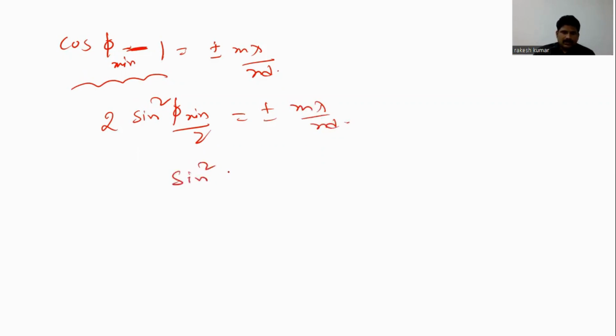Therefore, sine square phi minimum by 2 is equal to plus or minus m lambda by 2 n d.